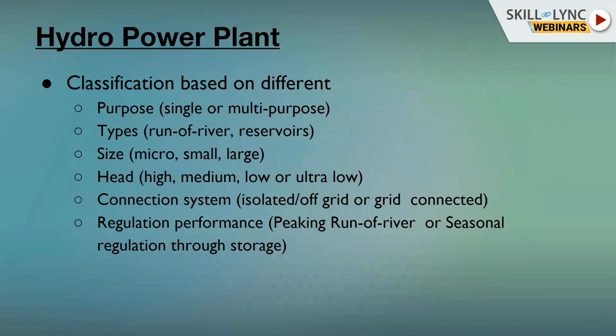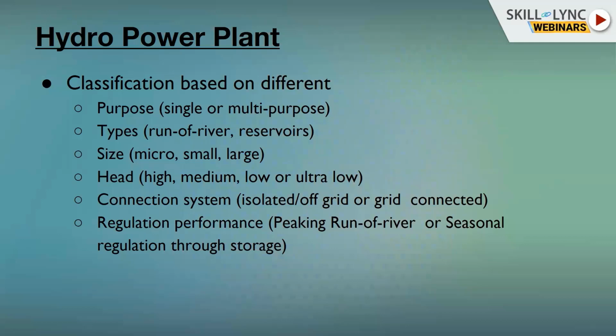Let us come to the next one, that is the hydro power plant. Next to wind, many countries are producing electrical energy using hydro power plants, and here they have given the classification of the hydro power plant.